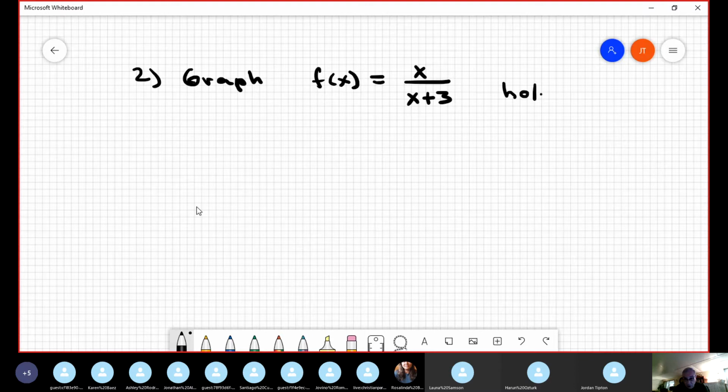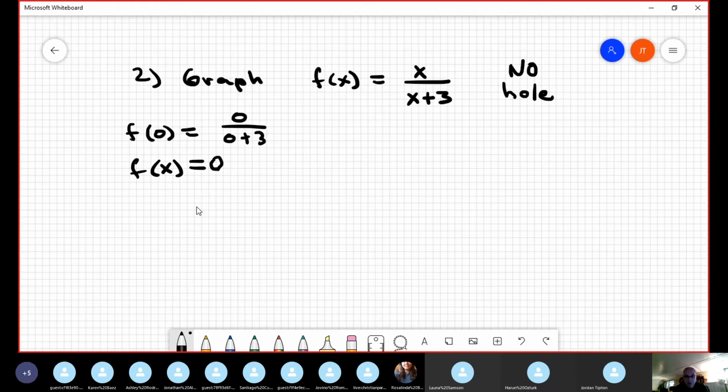Conclusion, no hope, because x and x plus 3, we cannot simplify. The rest is to compute the y-intercept and the x-intercept. Equal to 0, you evaluate at 0, it is 0 over 0 plus 3, which is obviously 0. This is the x value, and this is the y value.